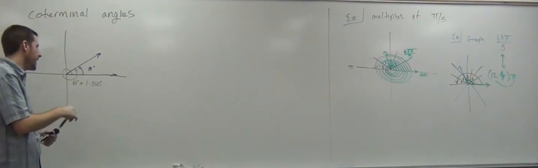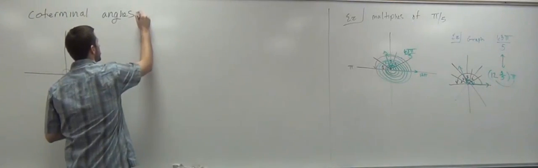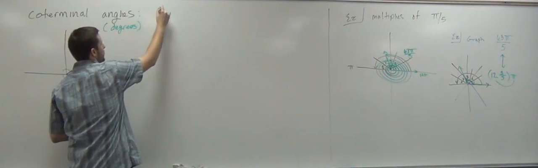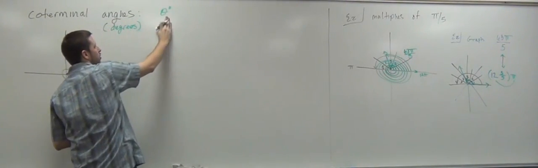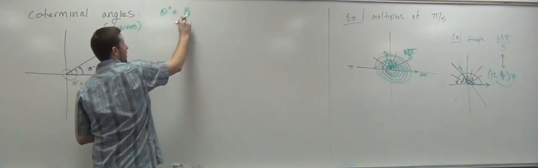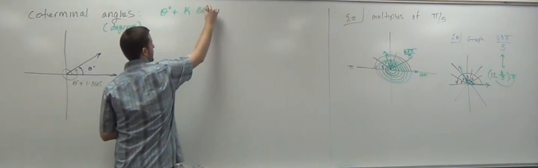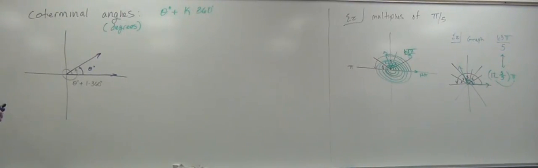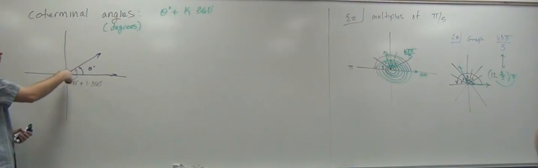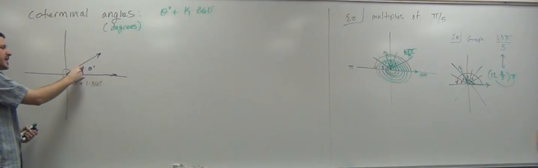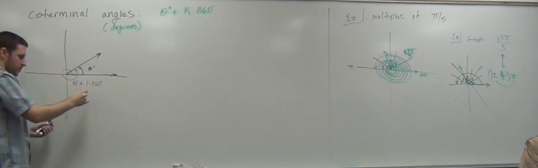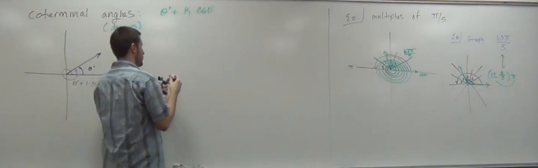Right? All coterminal angles in degrees have measurements that look like the original degree plus a constant multiple times 360 degrees. So if you go around one extra revolution before you get to the same ending point, it'll be theta plus 1 times 360 degrees. This part here counts revolutions.